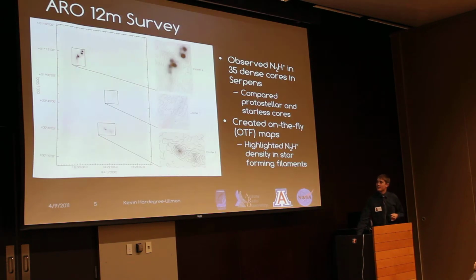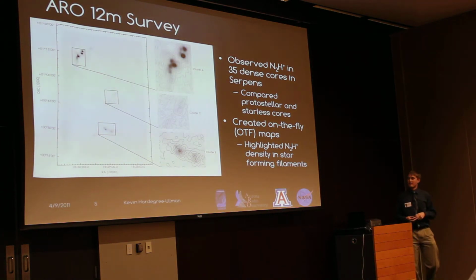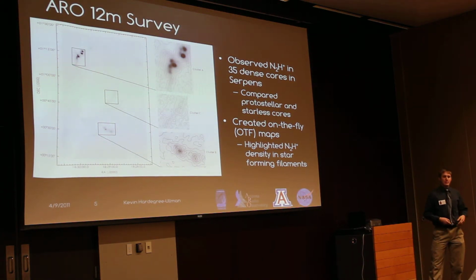So for the survey that we completed, we read a paper by Melissa Enoch in 2007, and she did a 1.1 millimeter continuum survey just looking at the material in the Serpens molecular cloud. And you can see their map right here, and you can see a few regions, we call them filaments, of star formation.